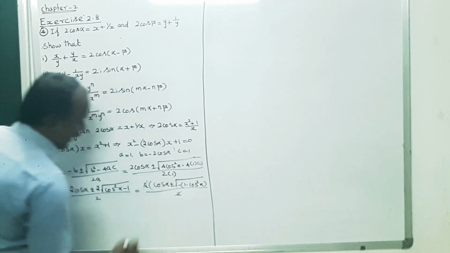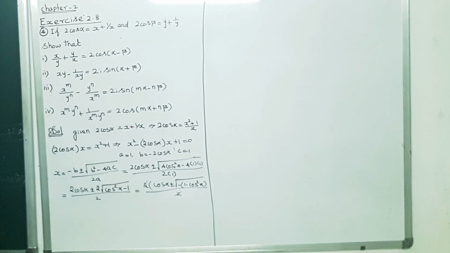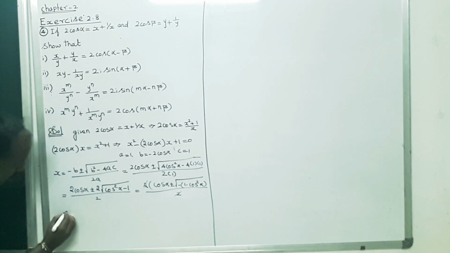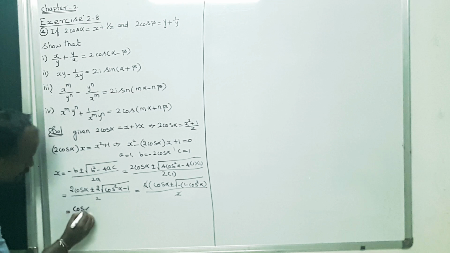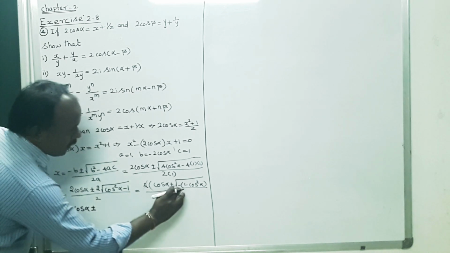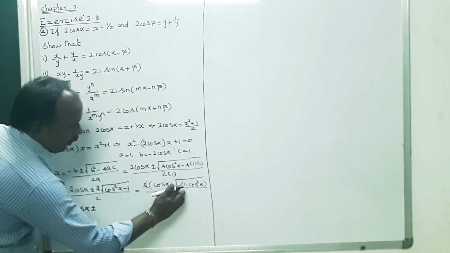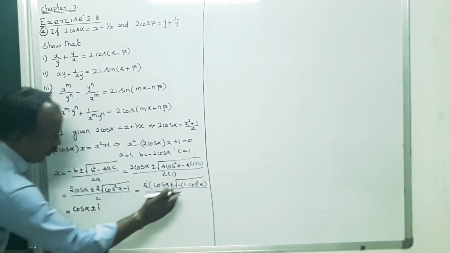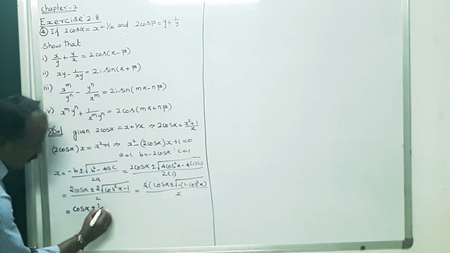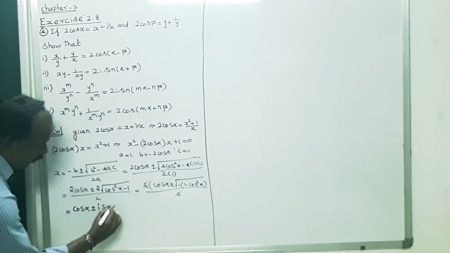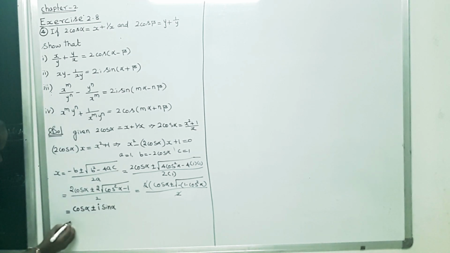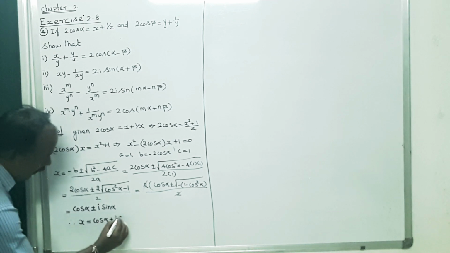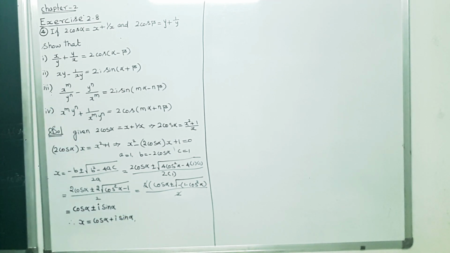So the 2's are cancelled. The remaining value is cos alpha plus or minus, inside of the root minus is equal to i, that means i square, i into root of 1 minus cos square theta, which is sin square theta, outside of the root is sin alpha. So therefore x is equal to cos alpha plus i sin alpha, the x value.